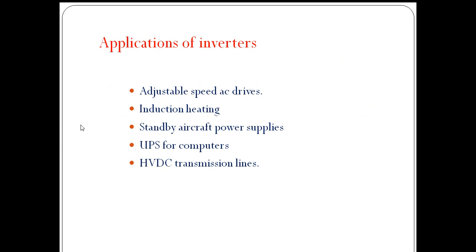This is the last topic in chapter 3. Please try to remember, inverters are mainly used in adjustable speed AC drives, where we require adjustment in the speed of the drive.